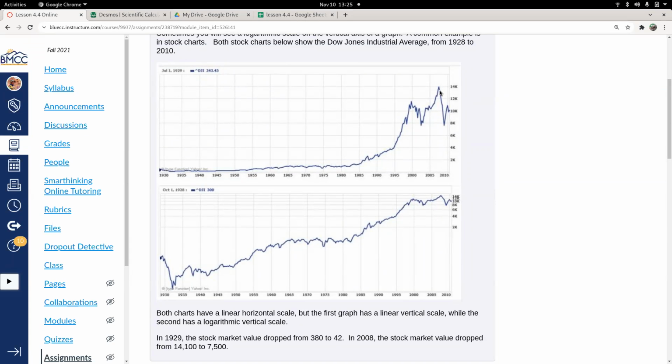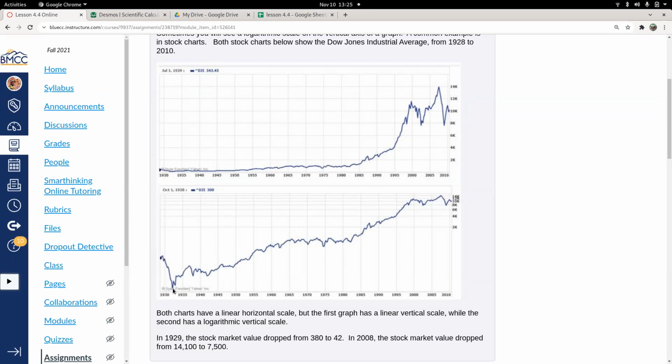This is what the drop looks like in a linear scale for 2010-ish, and there's a little bitty drop over here in 1928. I can't even see it. If I look on the logarithmic scale, the 2010 drop looks relatively small, but the 1928 drop looks ginormous.